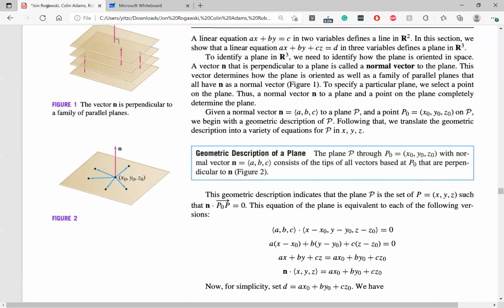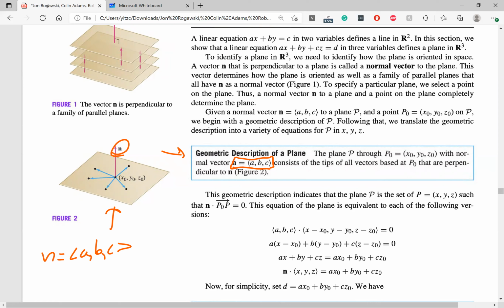Okay. So that's given over here, and in this picture, your normal vector, we generally denote it by n. Your n is equal to ABC. And your plane that goes up. So the normal vector alone will actually not give you all the information that you need for your plane, because you can have planes that are parallel to each other with the same normal vector, right?